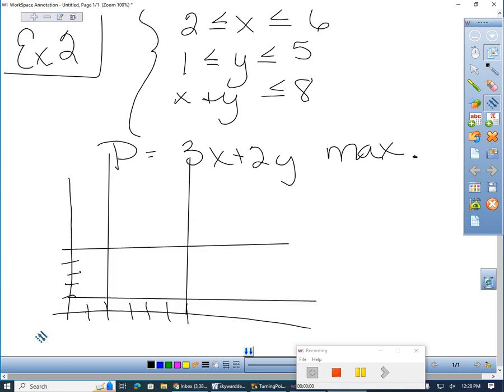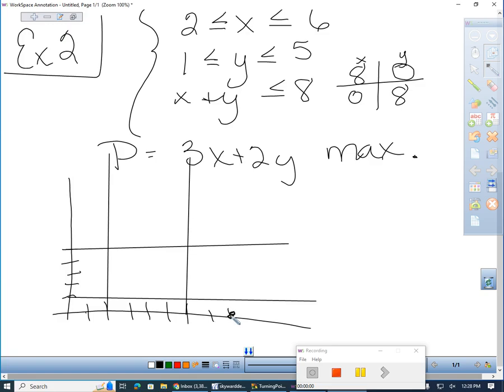Okay, we have one more to graph. That is my x plus y is less than or equal to 8. I'm going to do it by intercepts like we did the other day. Here's my x and my y. If I put 0 in for y, I get what for x? 8. If I put 0 in for x, I get 8 for y. So I'm going to come out here. Here's 6, 7, 8.